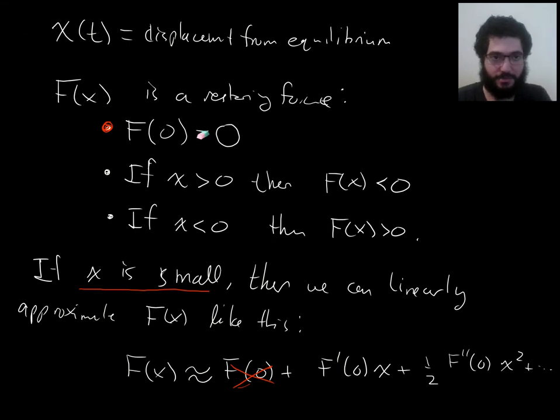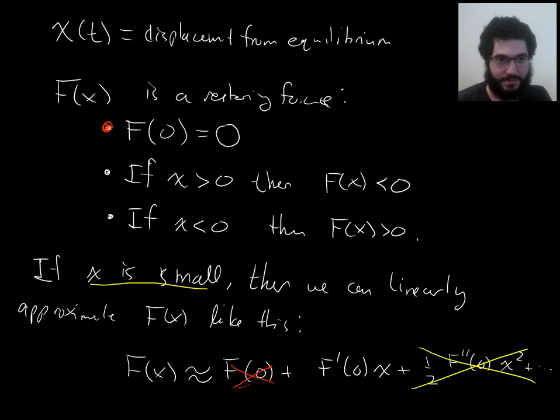Let me actually continue my color coding here. So let's make x is small be yellow. And that's what justifies getting rid of all the higher order stuff. And finally, let me use blue for this part.